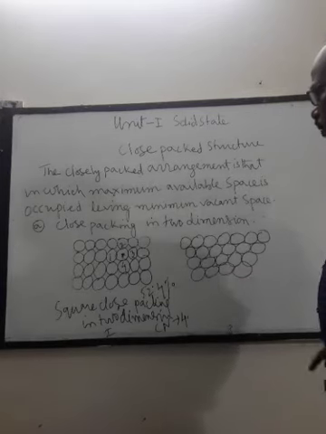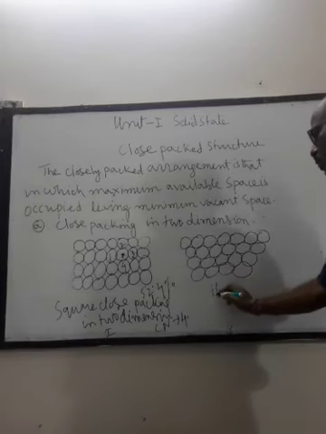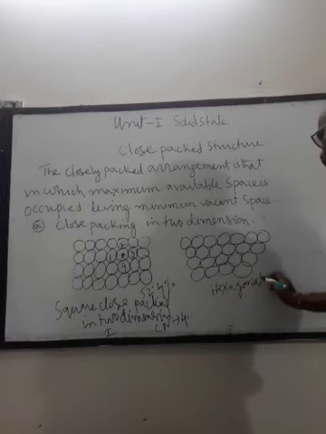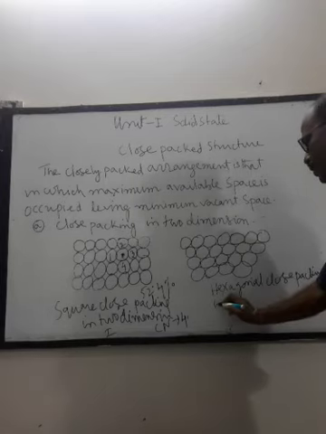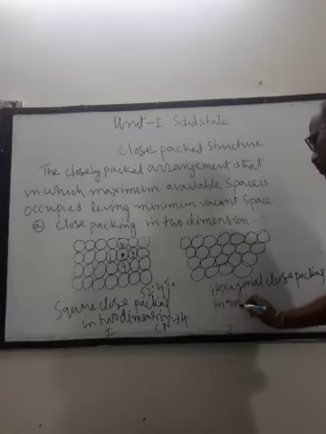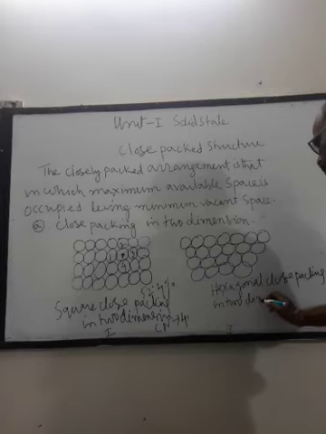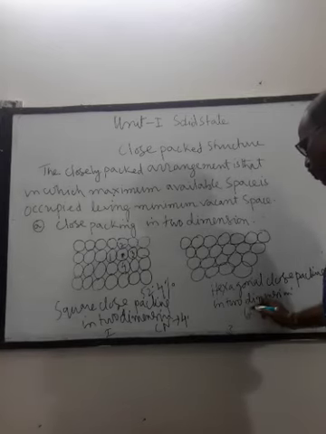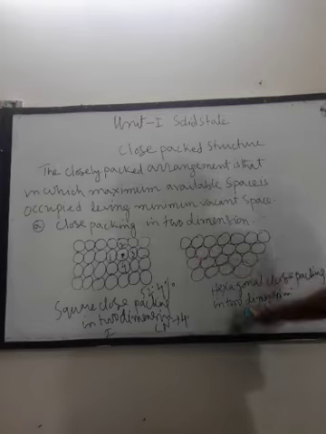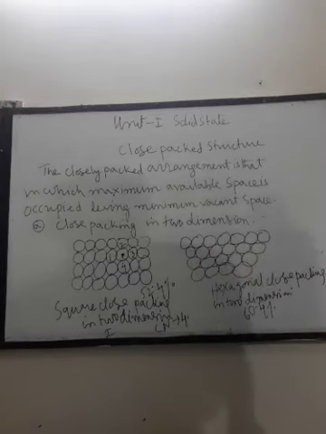This type of close packing is called hexagonal close packing in two dimension. In this case 60.4% of available space is occupied.